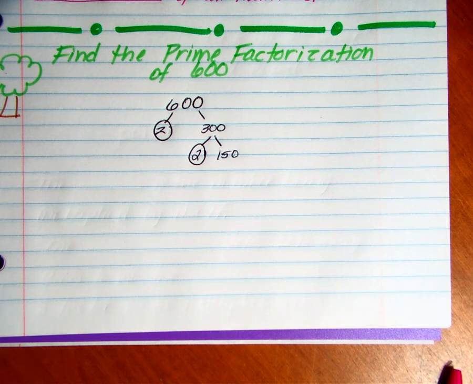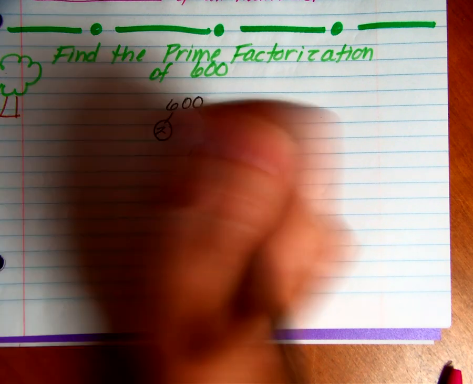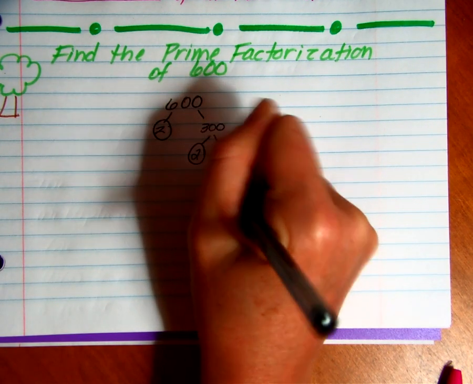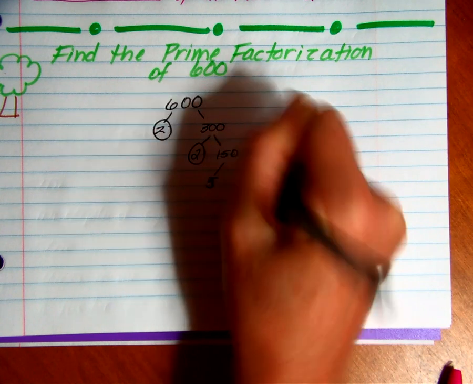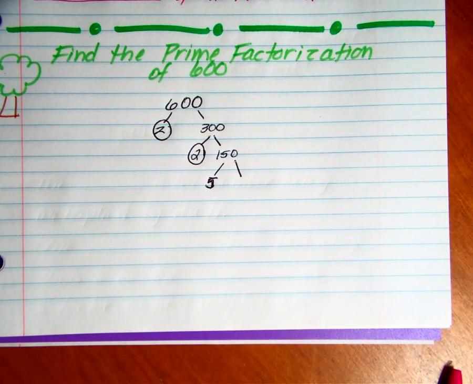Think of something that would go into 150 nice and evenly. You might remember from the sieve activity that 5 would be a nice factor of 150, because 150 is a multiple of 5. 5 times what?